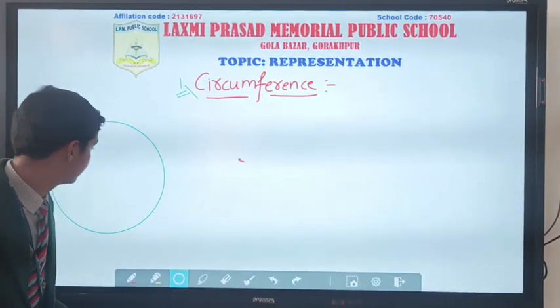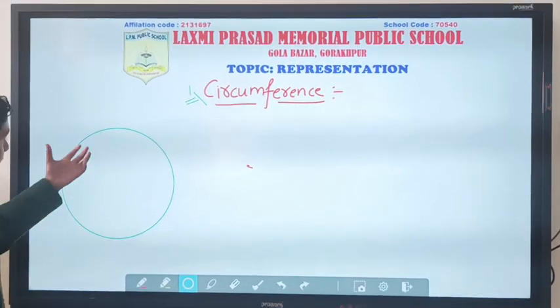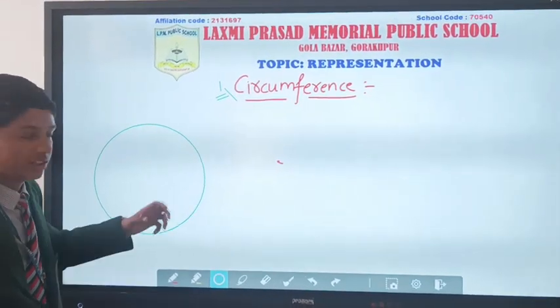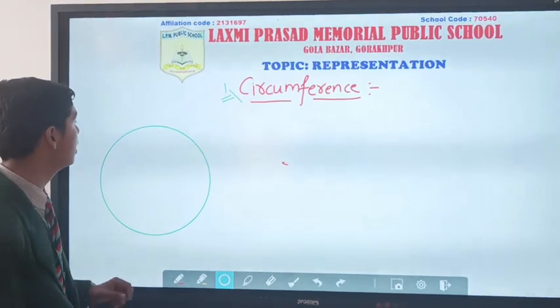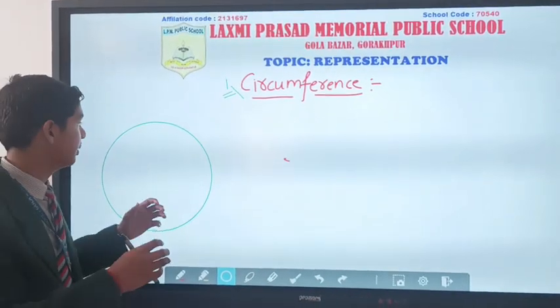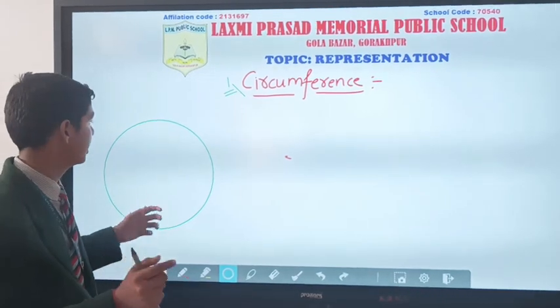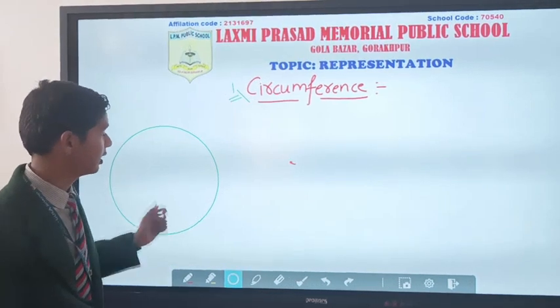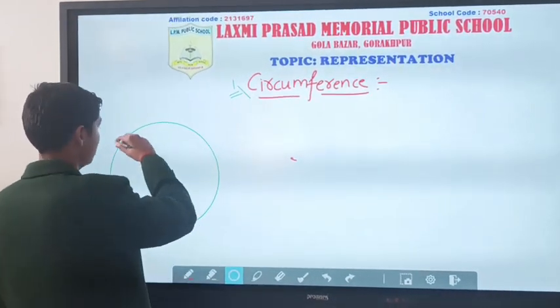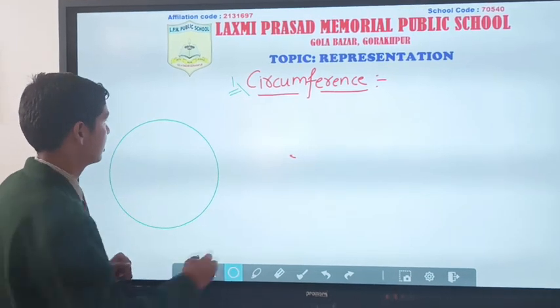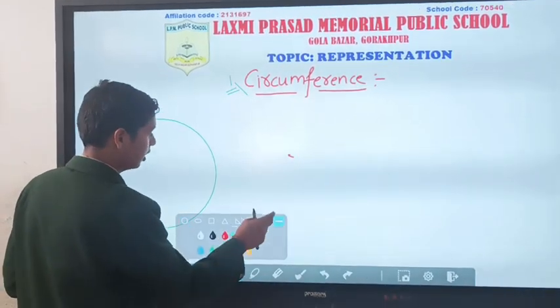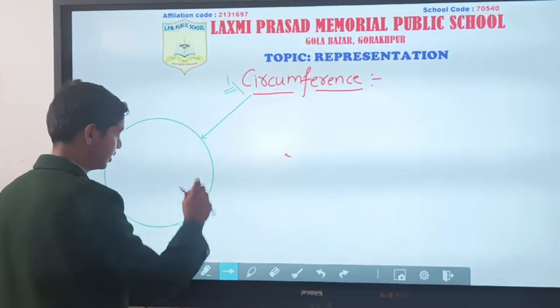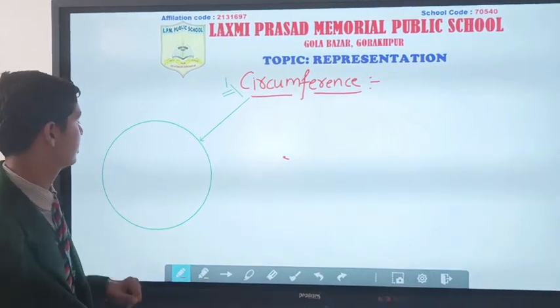When we look at this circle, we have a green boundary, which is also known as the perimeter of the circle. The boundary along which a point moves about a fixed point is known as the circumference. So this whole green boundary represents the circumference.